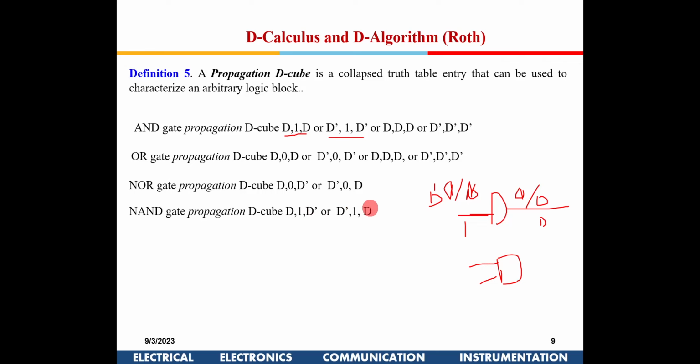If I put a 0 as one of the inputs, the output gets masked to 1, so that is not used for propagation. Although that truth table data is available with the algorithm, we are not going to use that combination for propagation of D. These are the combinations we will use for propagating D. Our aim is to propagate D to the output.